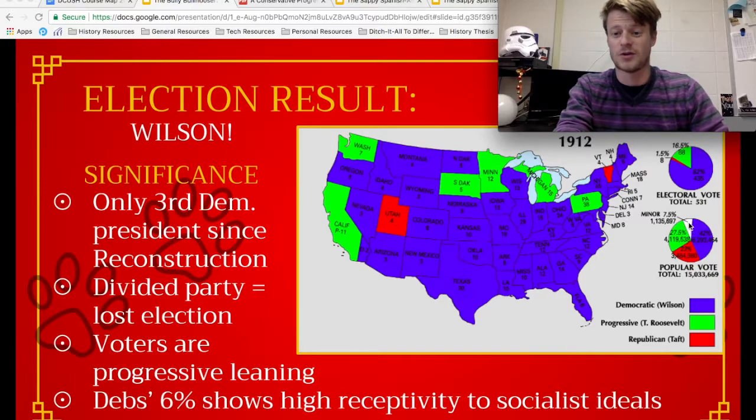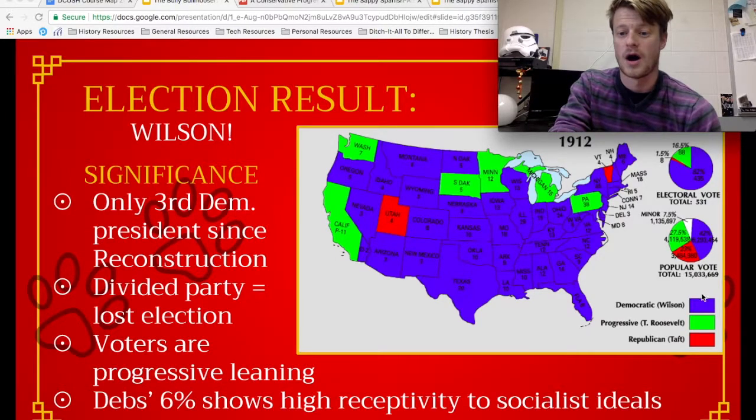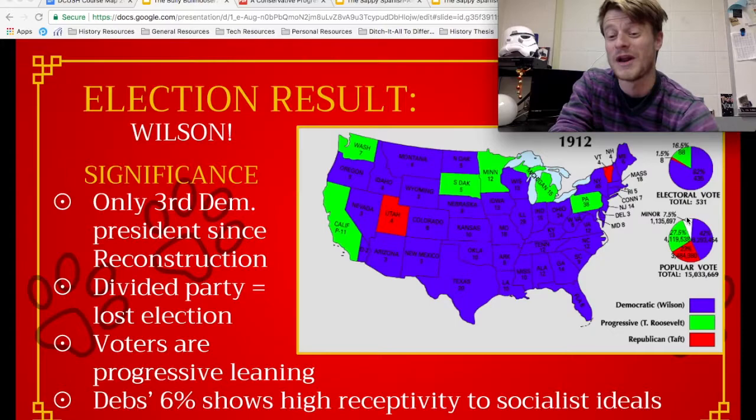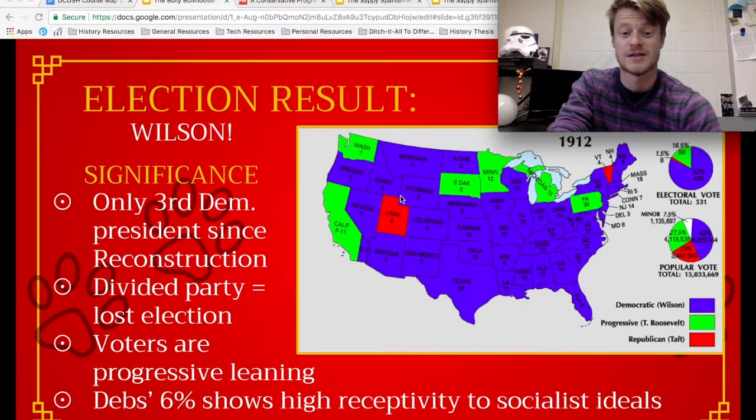Okay, so if we look here at the popular vote, okay, Wilson, as the Democratic candidate, gets 42%. Okay, but you put these 2 together, Taft, the Republican in red, and then the green, Roosevelt, that's 50%. Together, their votes would have beaten Wilson, but because they were competing against each other, okay, and you can see the states out here, Taft only wins 2 states, okay, and you can see the green for Roosevelt.